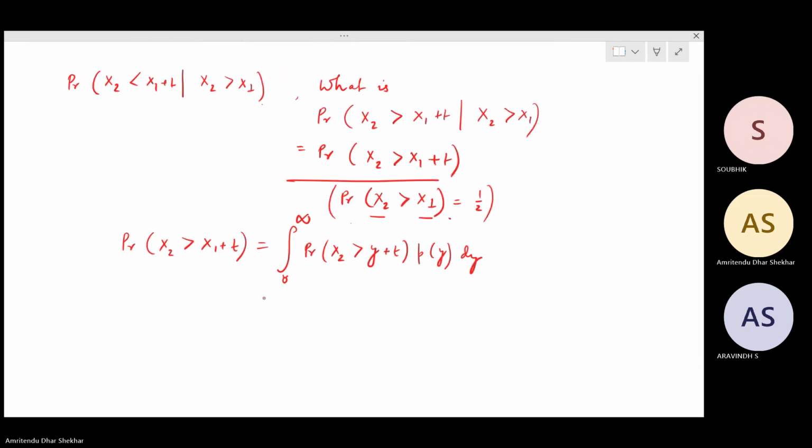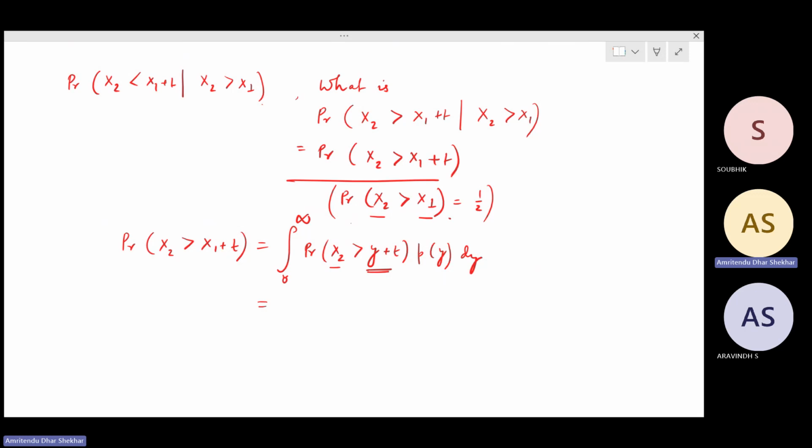Now we know what the probability of x2 greater than y plus t is, because x2 is an exponential random variable and y and t are two constants over here.